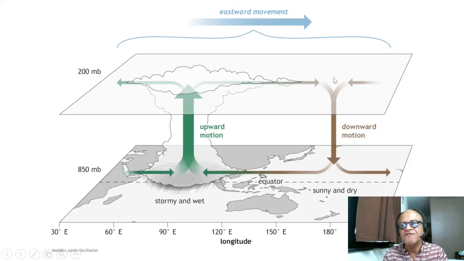Ahead of it you have the wave dynamics doing the downward motion, divergence, sunny dry conditions, reduced latent heat loss, and warming of SST, which gives you the propagation.